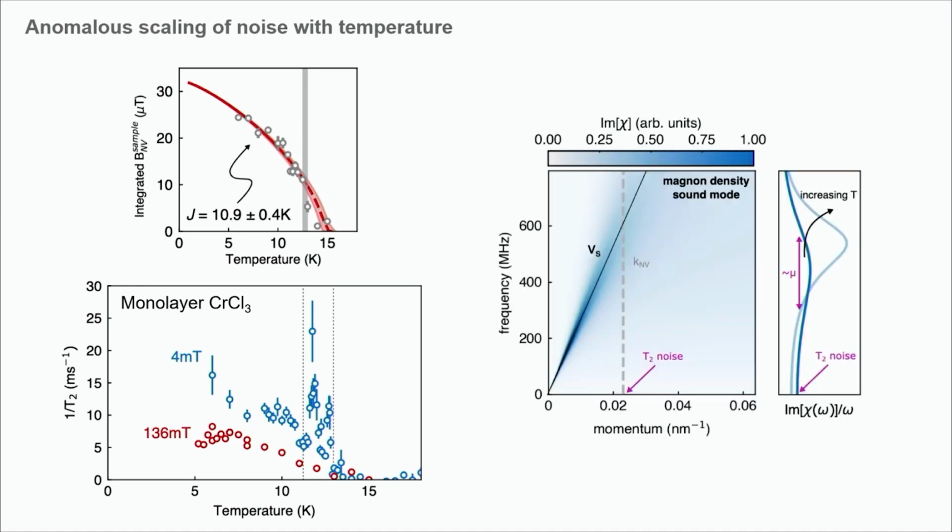This can be very well understood theoretically by the fact that you are measuring emissions generated by this low-lying hydrodynamic longitudinal mode. Because this is a mode that's stabilized by interactions between the spin waves, as you increase the temperature, you increase the density of those spin waves and it becomes sharper and sharper.